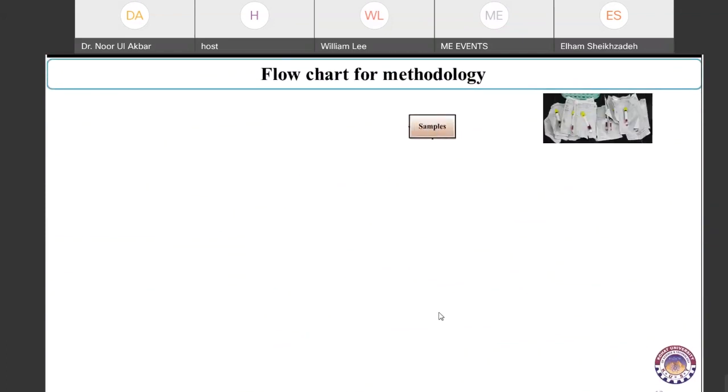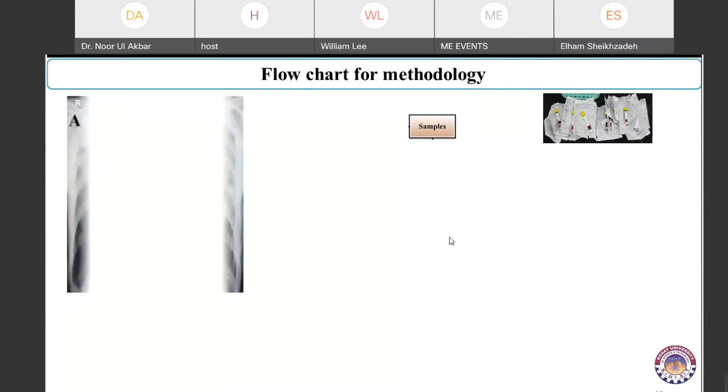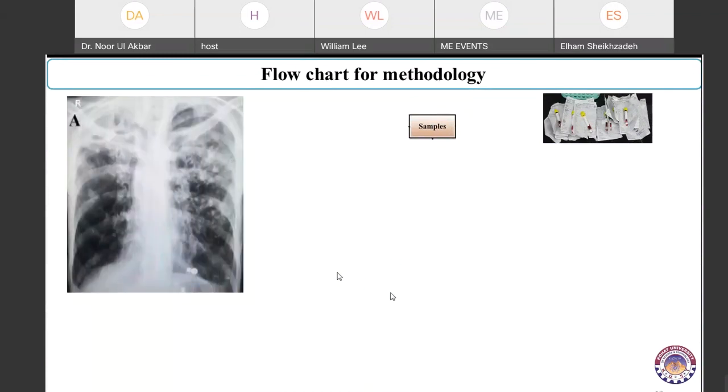First of all, we collected the samples from different hospitals along with the prescribed proforma and some reports which were given to them by the doctors. We also collected the X-rays and other provided tests.